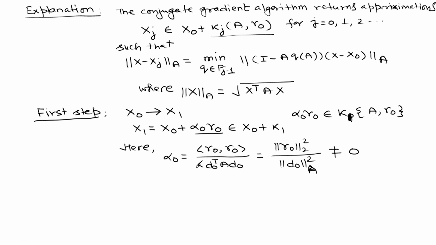Once r 0 is 0, method will not proceed. That is the termination or stopping condition for the conjugate gradient method.